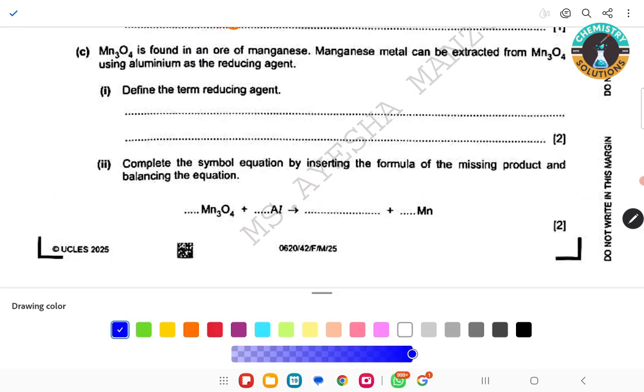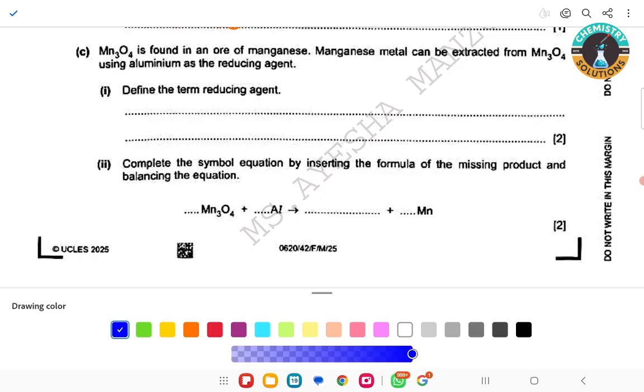Mn3O4 is found in an ore of manganese. Manganese metal can be extracted from Mn3O4 using aluminum as a reducing agent. Define the term reducing agent. The substance which is being oxidized itself is basically the reducing agent, and it causes other substances to be reduced.